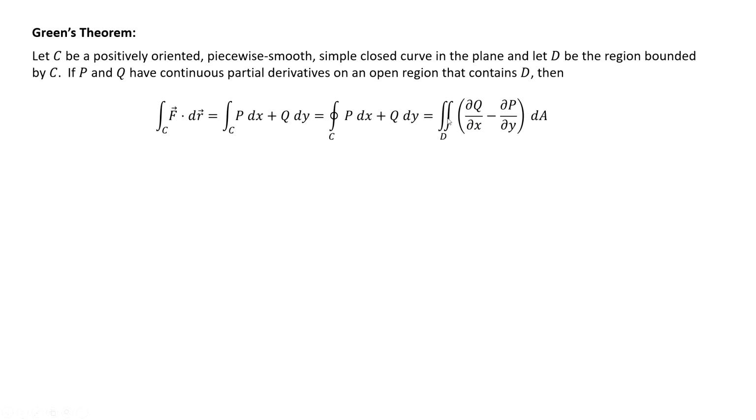Green's theorem has shown that, in order to evaluate this contour integral, if you know that F is some Pi plus Qj, guess what? All you need to do is evaluate the area integral of this quantity, partial Q with respect to x minus partial P with respect to y.